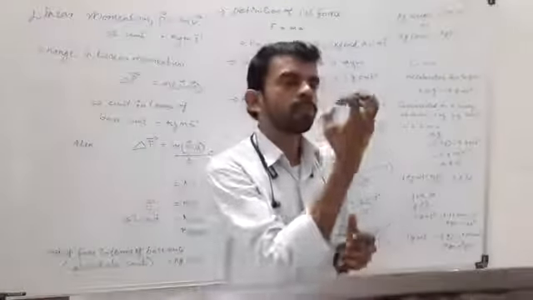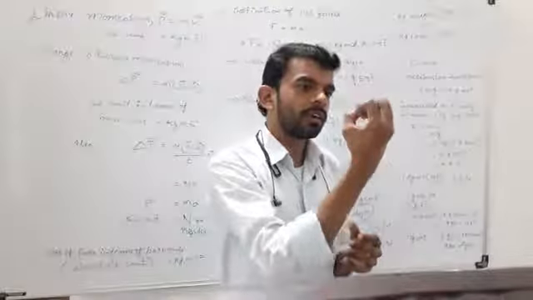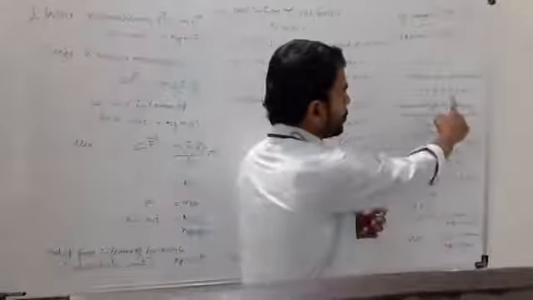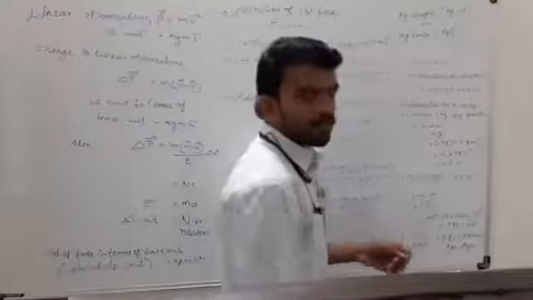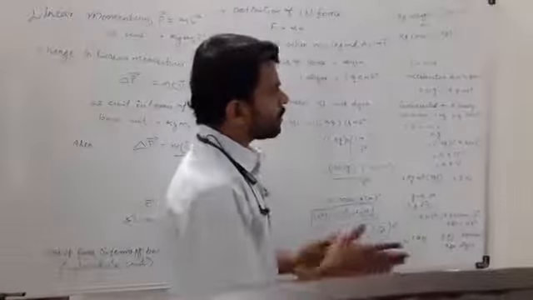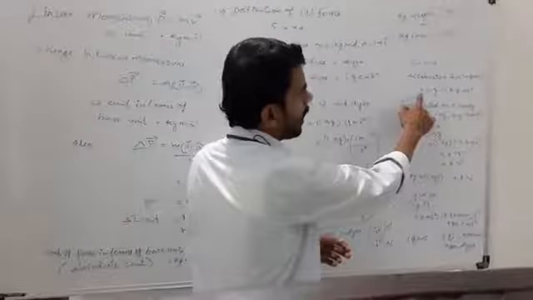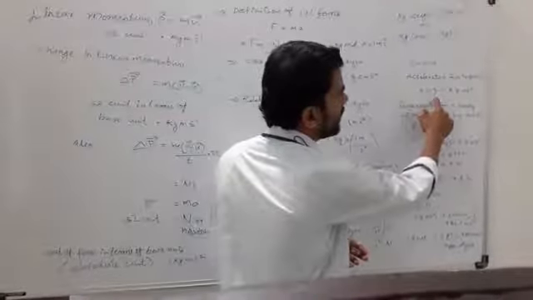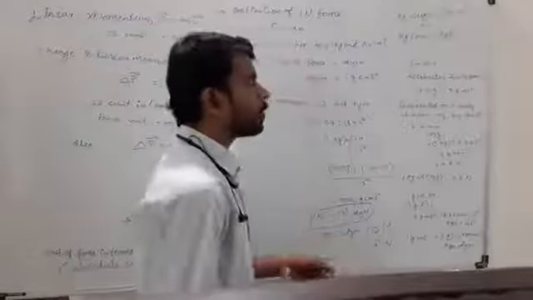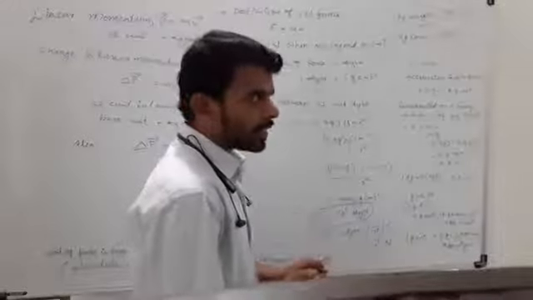Because of the pull of the Earth, the falling body is accelerated with a magnitude of 9.8 meter per second square. This acceleration we call g. g is equal to 9.8 meter per second square. You may have already learned this while learning kinematics.